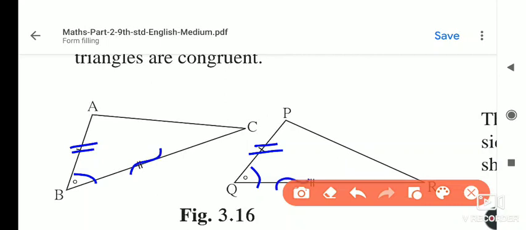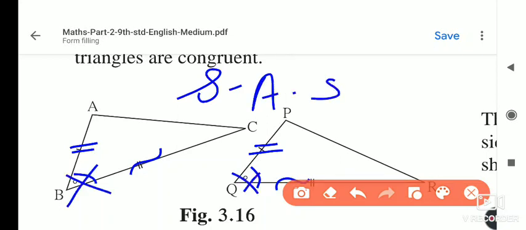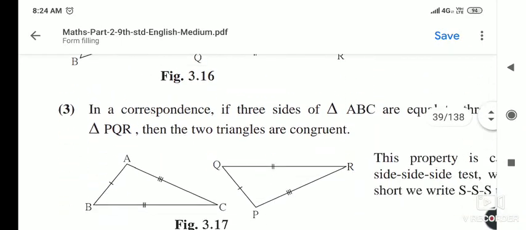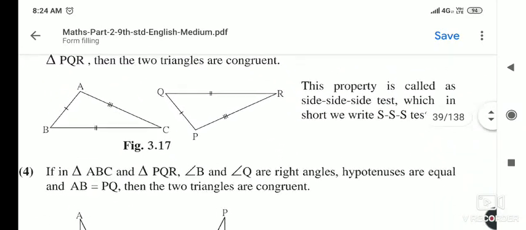This is observed in the figure, and we say that these two triangles are congruent to each other by the SAS test. Instead of angle B, if they give angle Q and C, then it is not a SAS test. Understand?